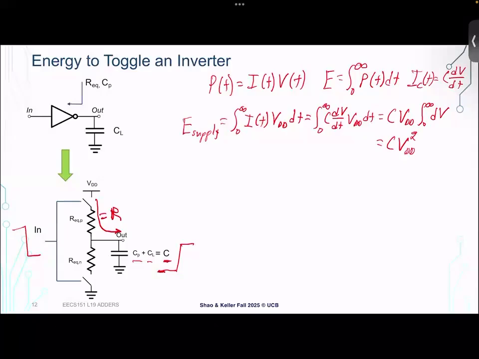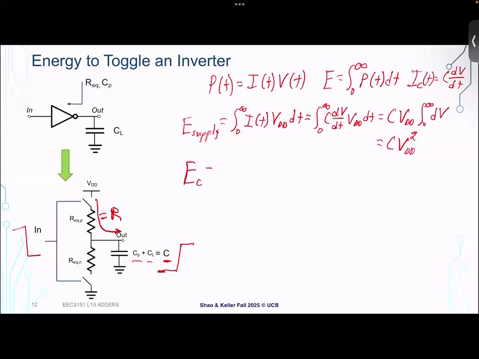And so this just works out to C VDD squared. It's the total amount of energy discharged from the supply. With me so far? Bet you weren't expecting me to throw some calculus at you, but so far so good.